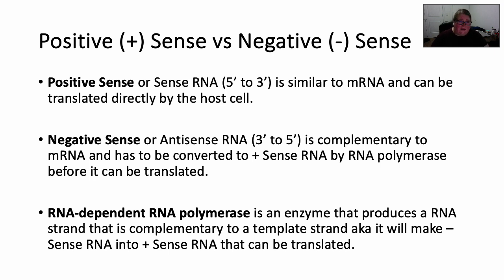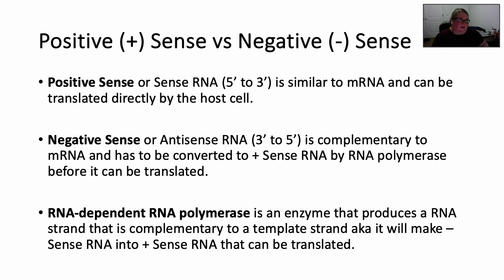Whereas with negative sense, or what we call antisense RNA, this is going to be in the opposite direction, 3' to 5'. It's going to be complementary to mRNA, so it can be converted to positive sense RNA by RNA polymerase, but that has to be done before it can be translated. It can't be directly used.